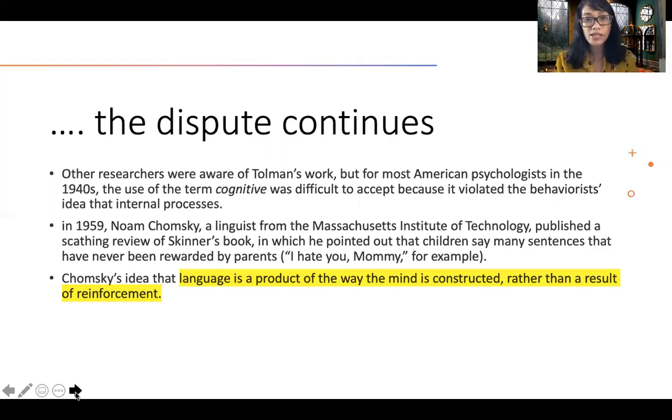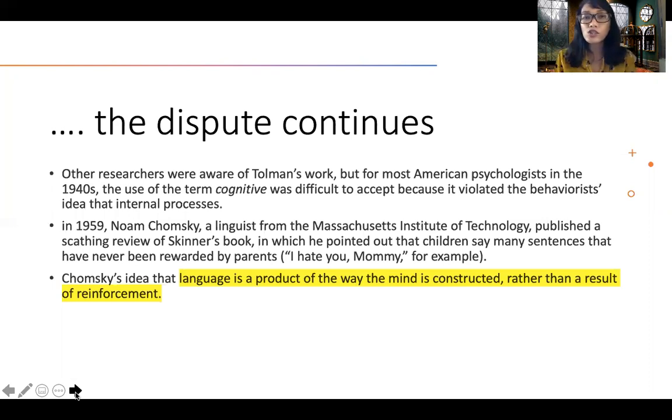But a decade after that, in 1959, Noam Chomsky, who is not a psychologist but a linguist, made a review of Skinner's book about language development through operant conditioning. Chomsky pointed out that children learn language even though they have never been rewarded for learning that kind of word or sentence, such as, I hate you, mom, I hate you, dad.